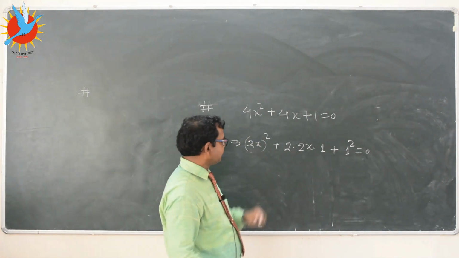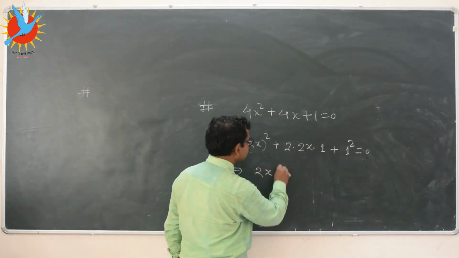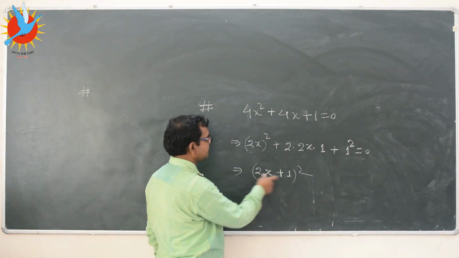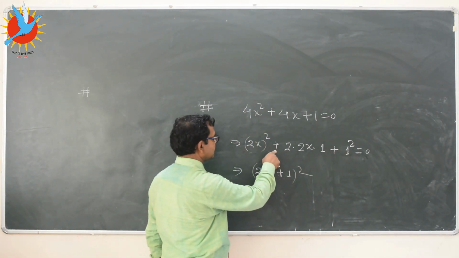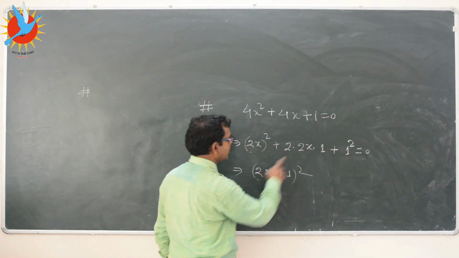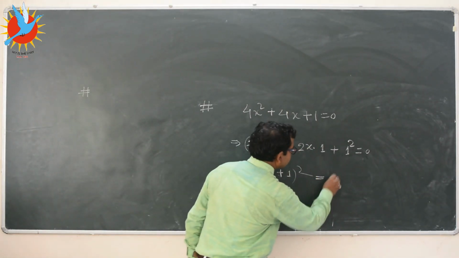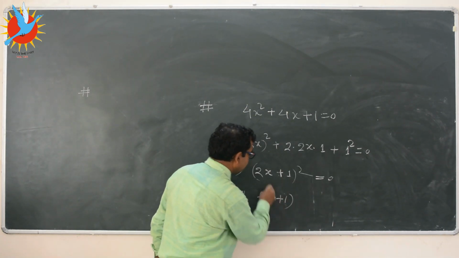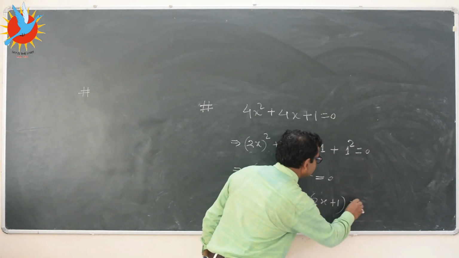Now this can be written as 2x plus 1 whole square, because if you expand this we get a square plus b square plus 2ab, that is 2 into 2x into 1. Now equate this equal to 0. We have 2x plus 1 multiplied by 2x plus 1 equal to 0.